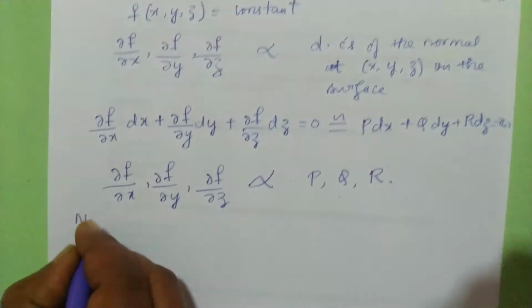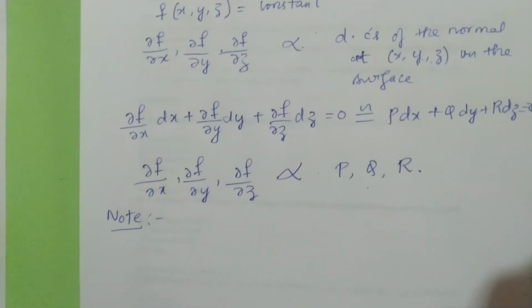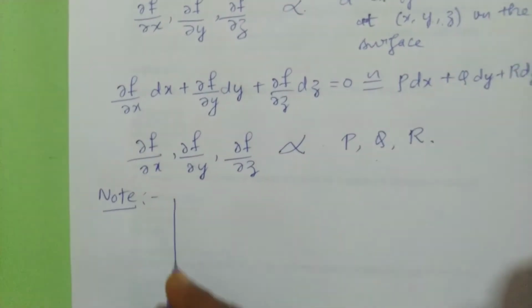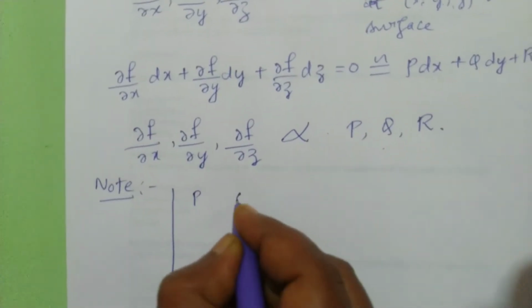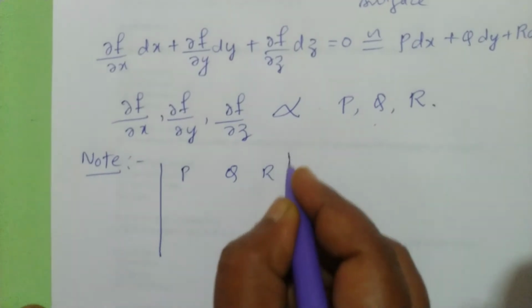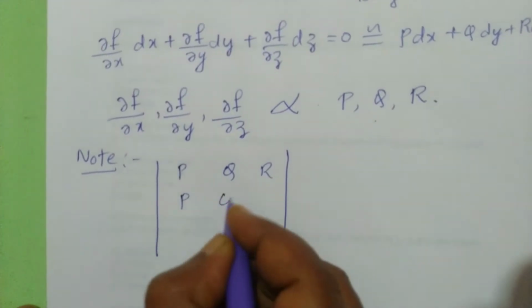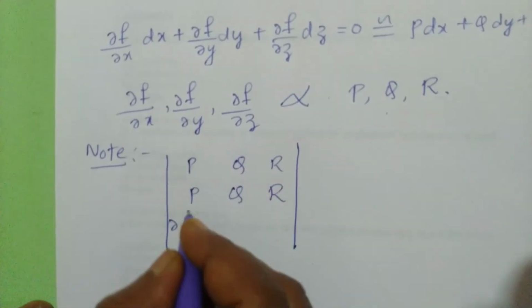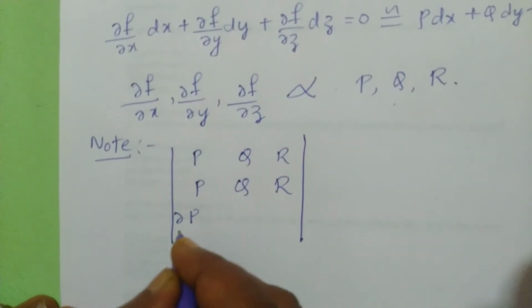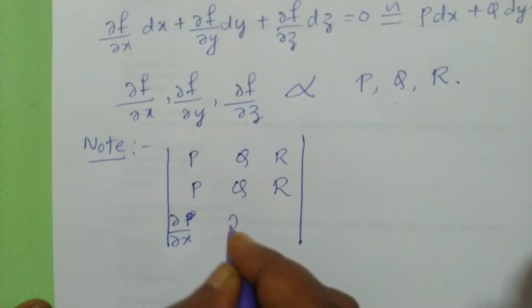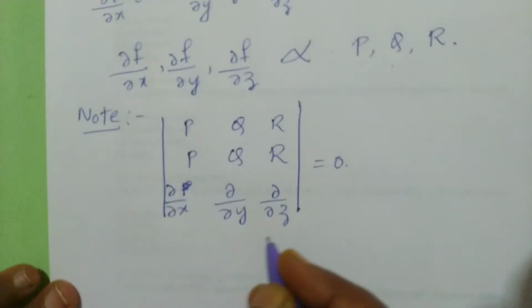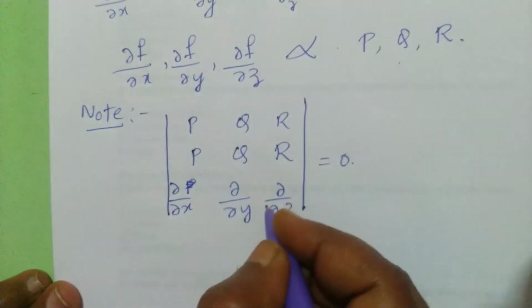Now, before going to the methods of solving pdx plus qdy plus rdz, let me tell you one note. The integrability condition we learnt in session 2, the easy way of writing that formula, I will teach you. Let us write the determinant with rows P, Q, R, then dou by dou x, dou by dou y, dou by dou z, is equal to 0. Now expand this determinant.